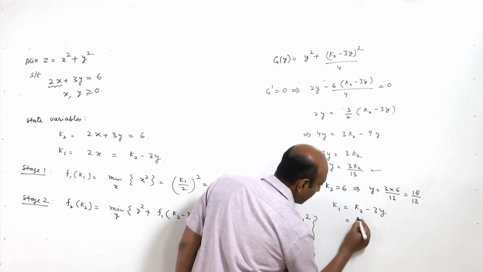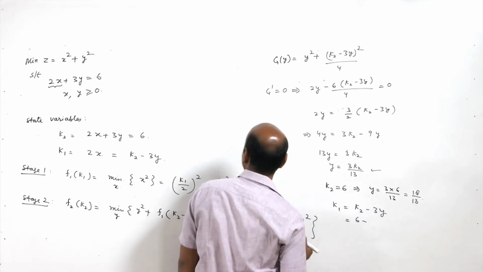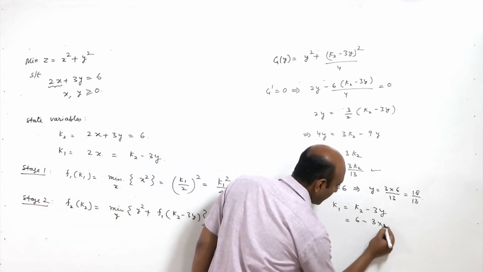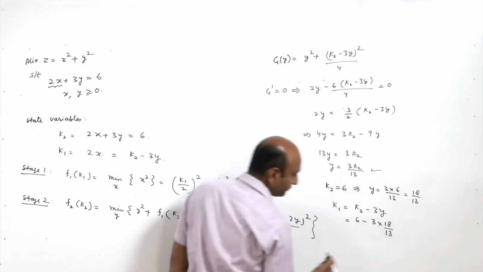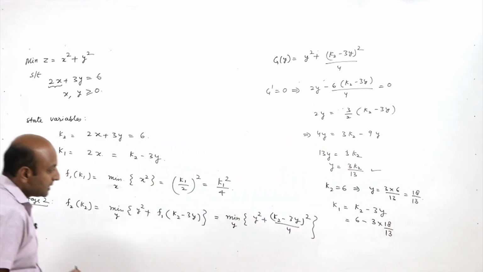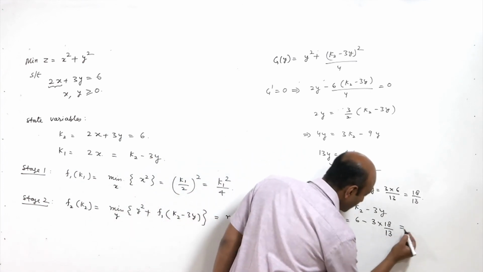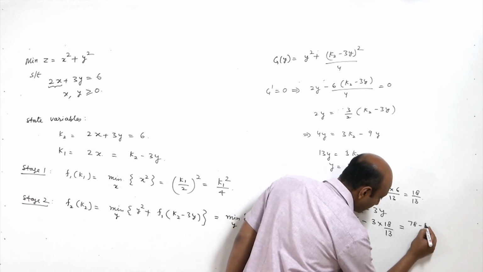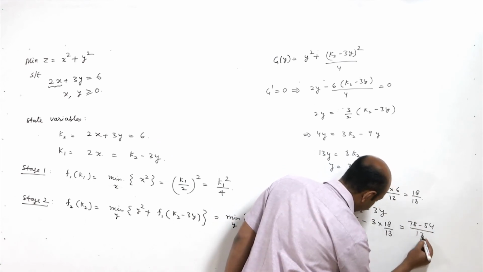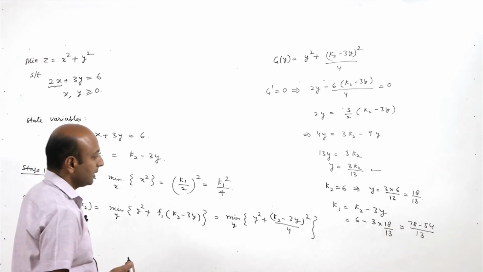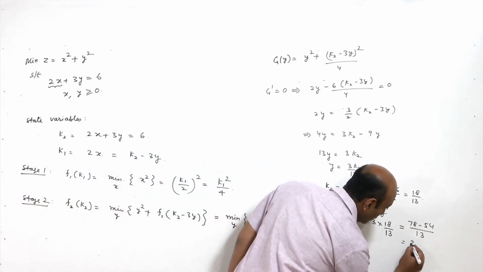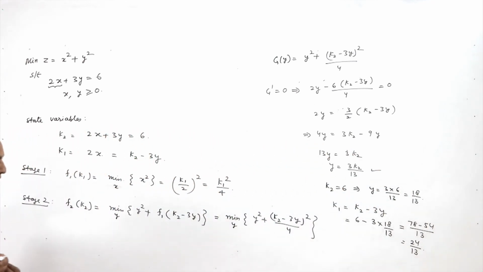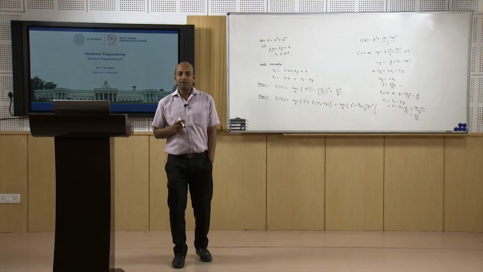So it is 6 minus 3 into y, and 3 into y is 54 upon 13. That equals 78 minus 54 upon 13, and that is equal to 24 upon 13. So that will be k1.